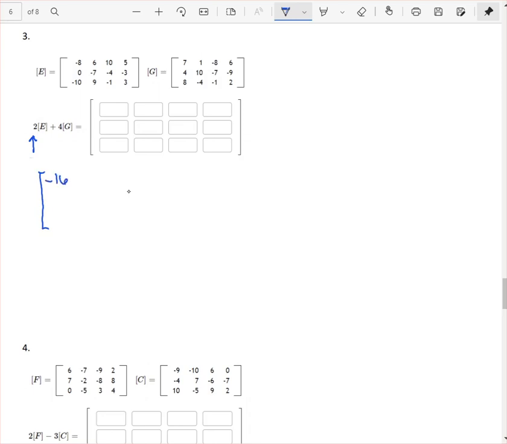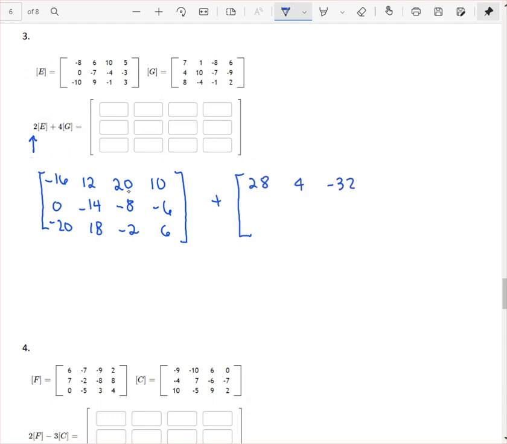So now all of the g's get multiplied by a 4. Like that.